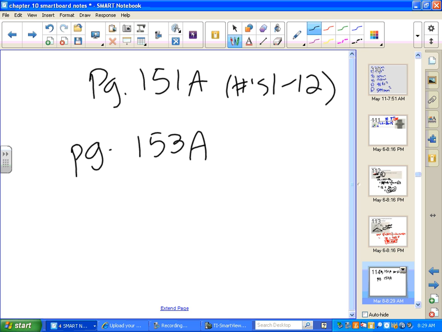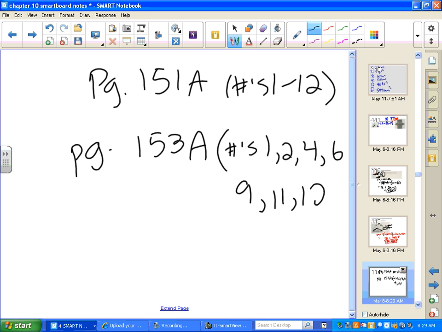Numbers 1, 2, 4, 6, 9, 11, 12. Don't do all of them because Pythagorean theorem is in some of them. So 151A, 1 to 12, and then 153A, just the numbers that I put up there.